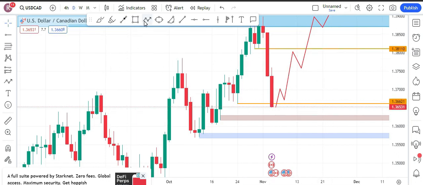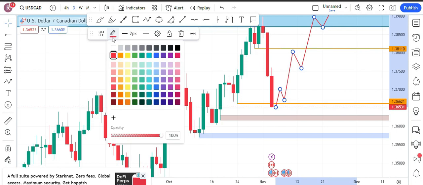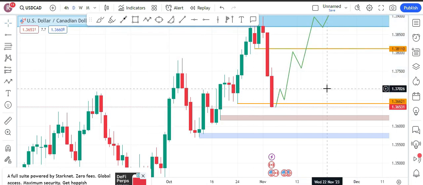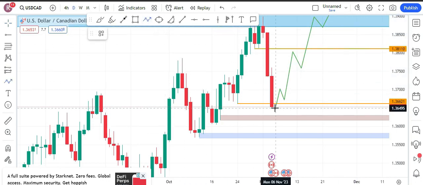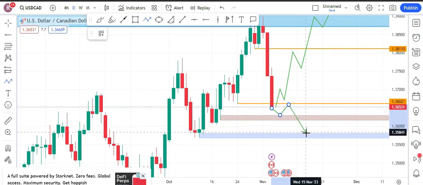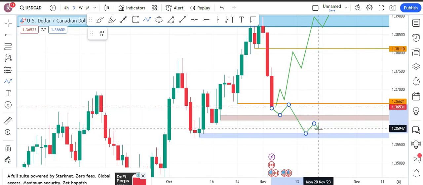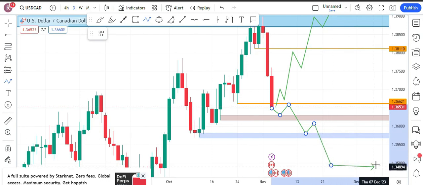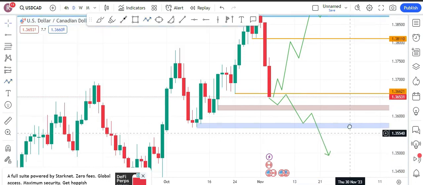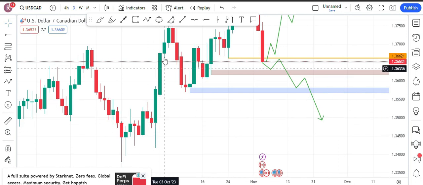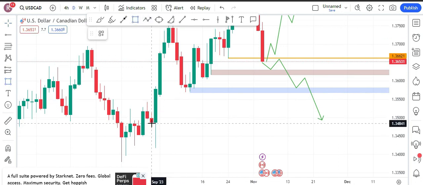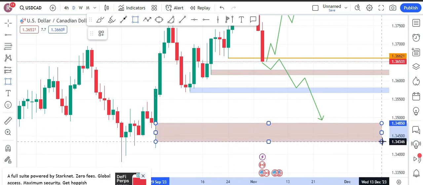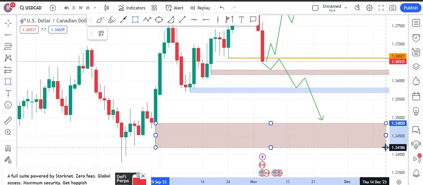So we will wait, and we have to see if it comes here, retests here, then breaks off, comes here, retests, and then breaks off. And if it does, it will face this zone. Here will be the zone, and it's a very big zone for the time frame, so be aware.